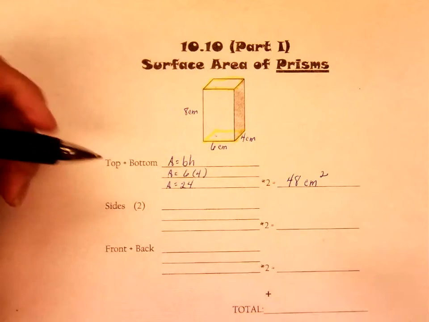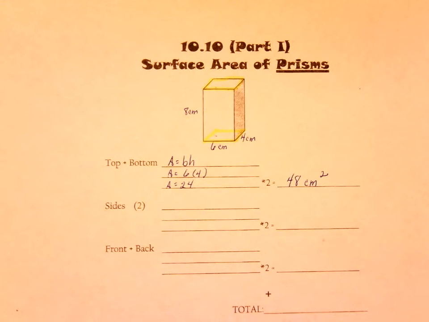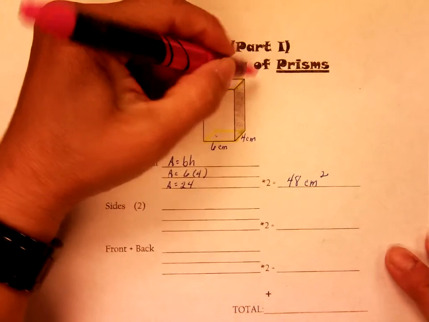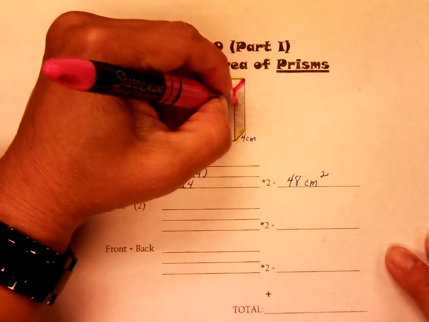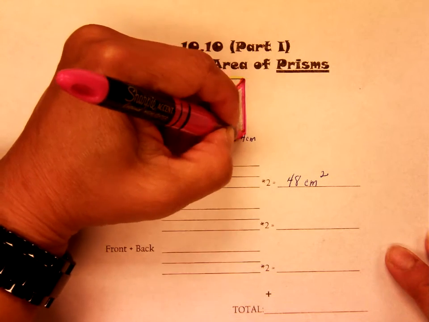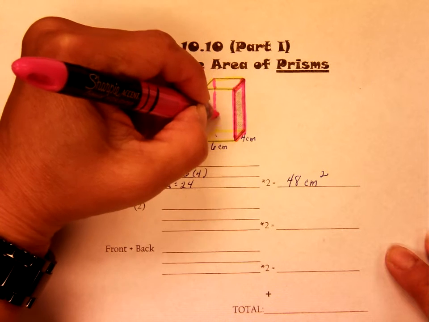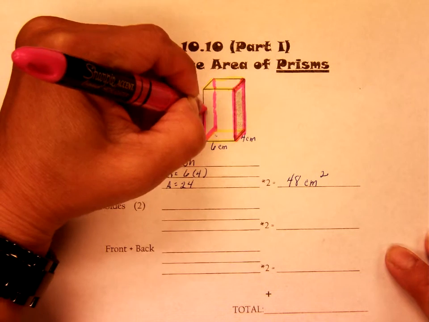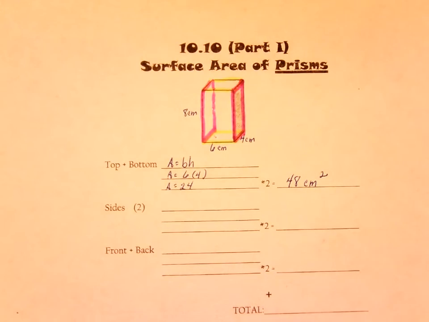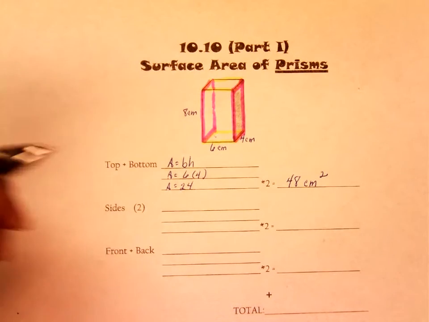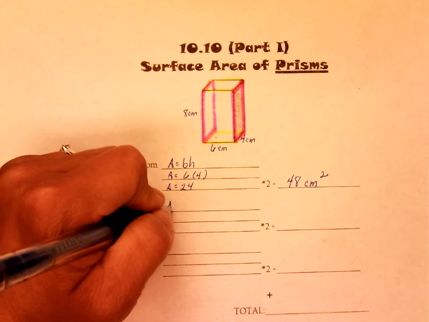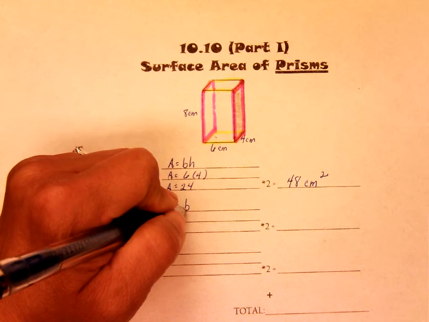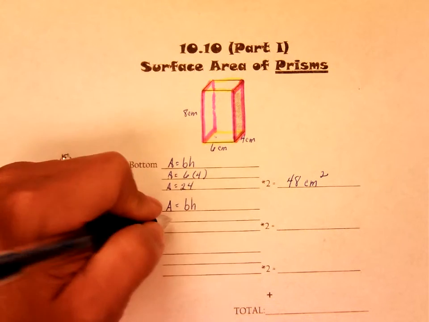Now let's look at sides of a prism. Here's a side, and here's a side. Okay, so those are the sides of your prism. You have to look at the numbers. Same thing, finding the area of a parallelogram, area is equal to BH.